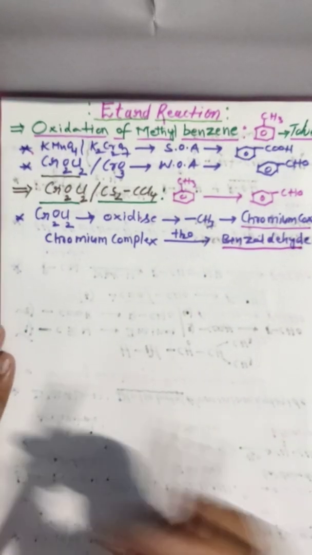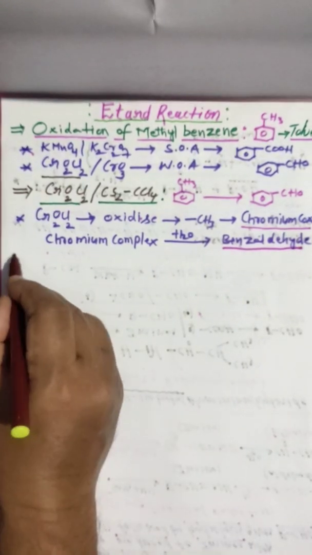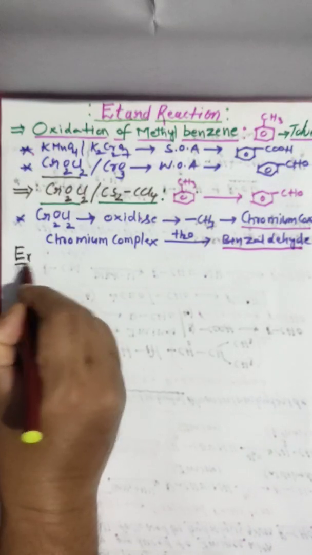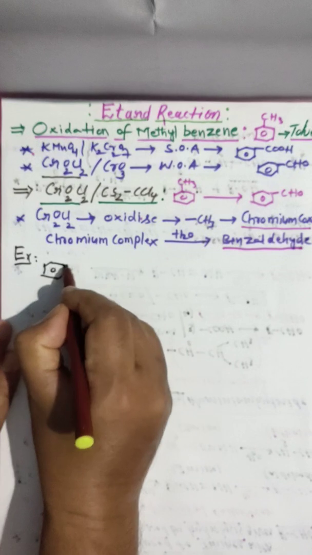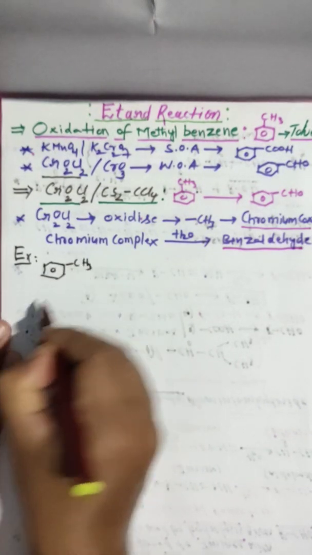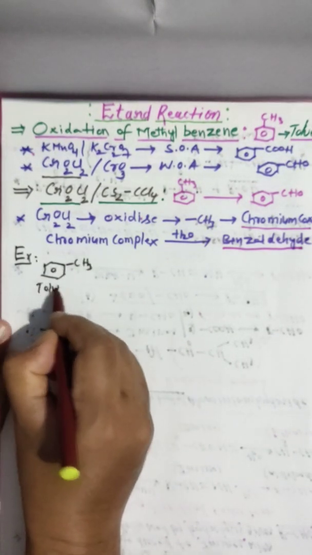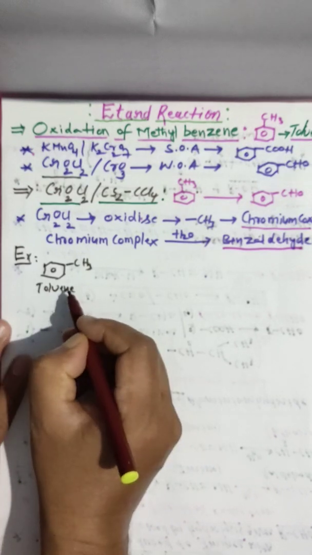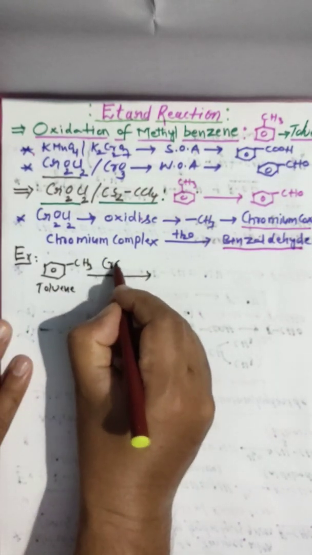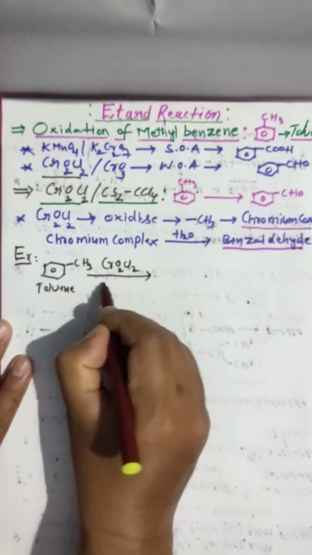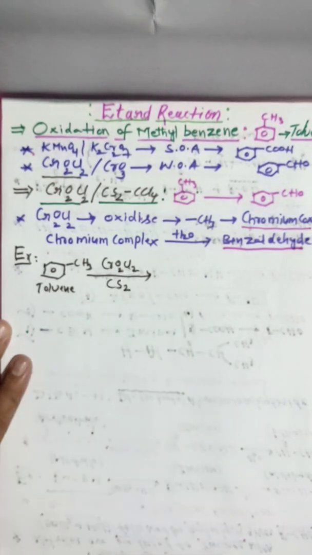We'll explain with an example. I am taking here toluene, methyl benzene. This is treated with chromyl chloride in CS2, a non-polar solvent.